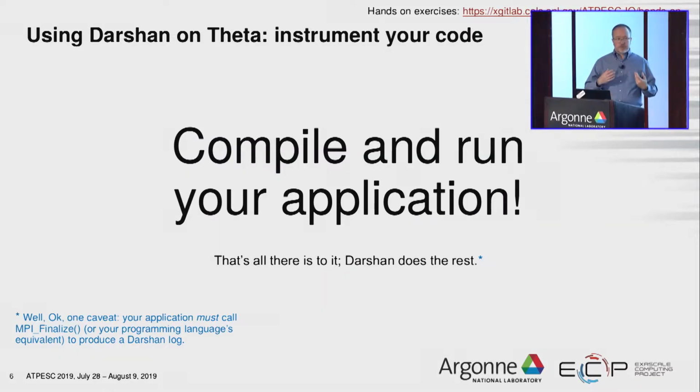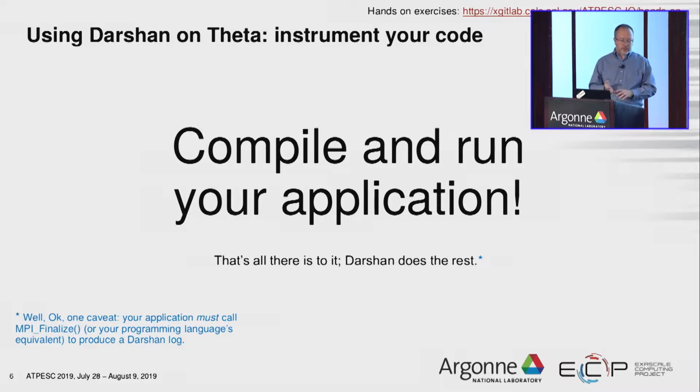Once Darshan's in your environment, or assuming it's already there, just compile and run your application. That's all you do to get Darshan instrumentation. There's some fine print in the blue down here. There's a caveat, which is that if your application doesn't call MPI_Finalize for any reason, you won't get a Darshan log, because that's the point where it collects this data and writes it out.